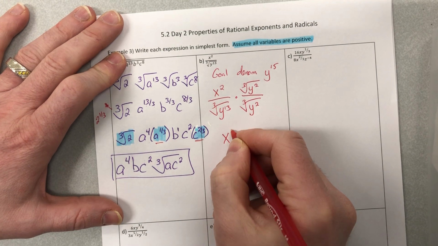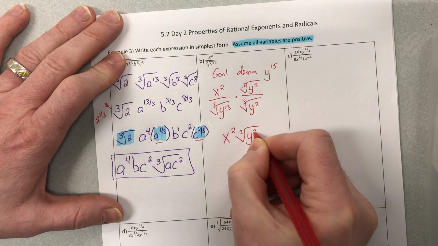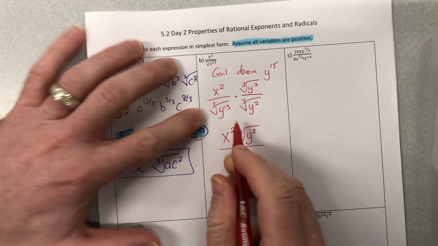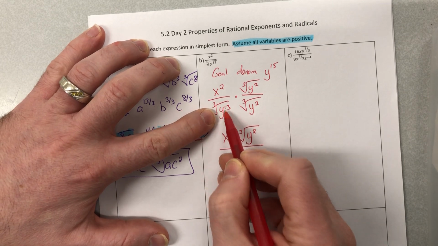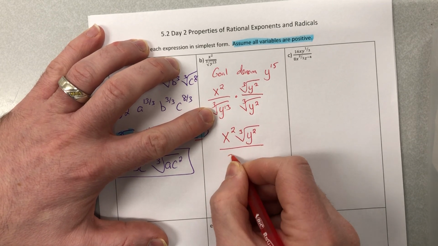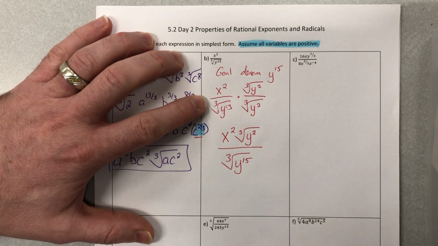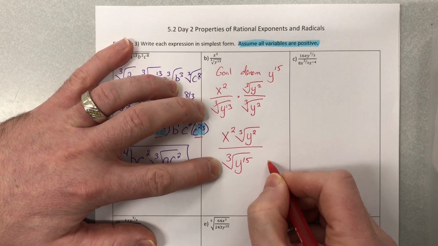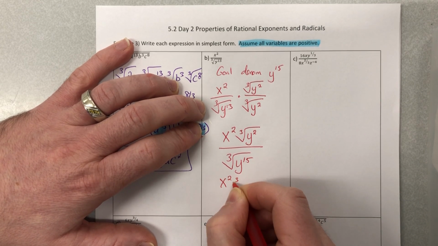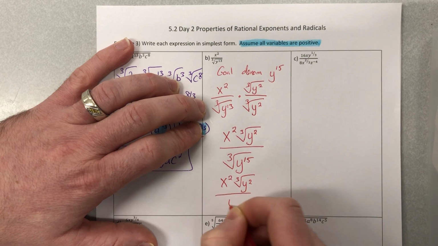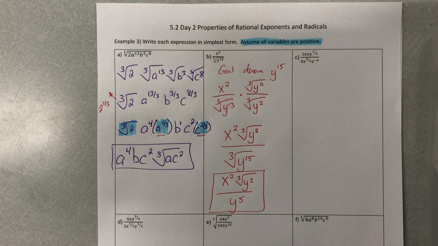If we multiply the numerators, we would have x squared times the cube root of y squared over the cube root of y to the 13th times the cube root of y squared, which would be the cube root of y to the 15th. Well, we know that this is really 15 over 3, which would end up being y to the 5th.